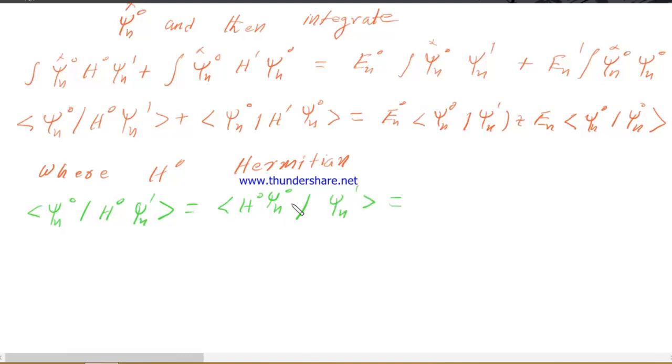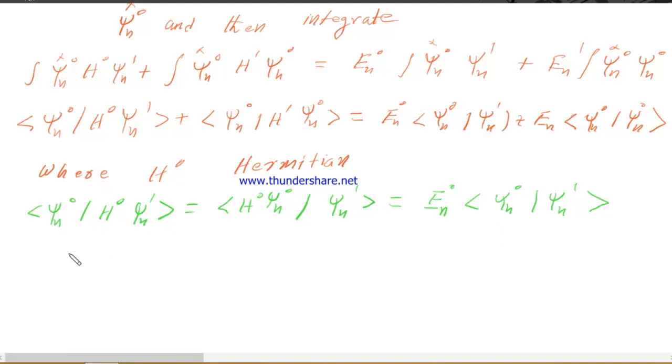This is the Hermitian operator property. So when this H naught is applied on the psi n naught, it gives E n naught and the wave function itself, and the psi n1 itself. Okay. Now we can put this term in the place of this term here.